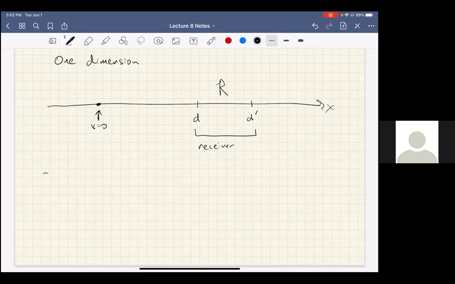What I'm going to do is define an indicator variable, alpha.